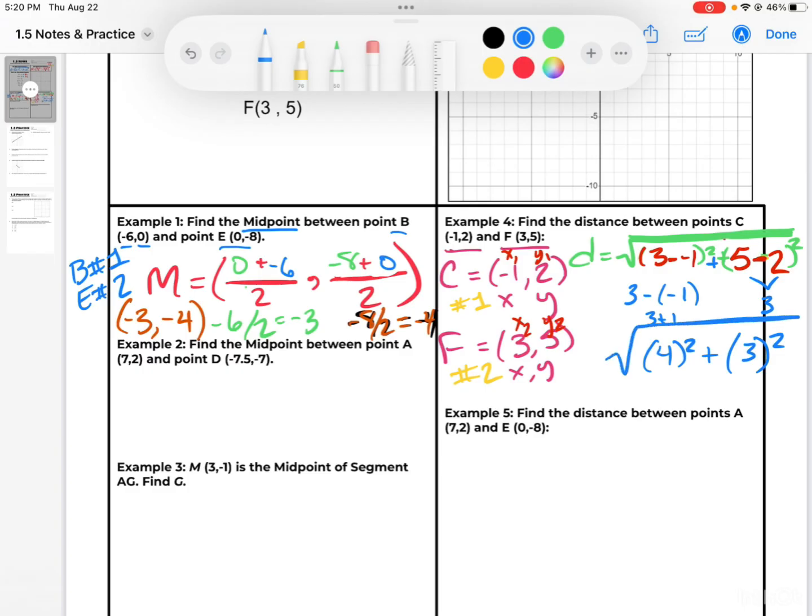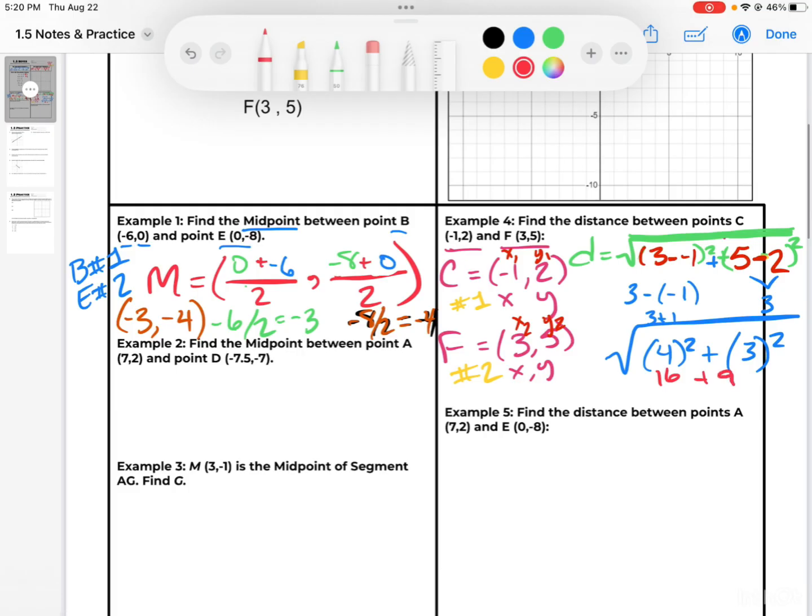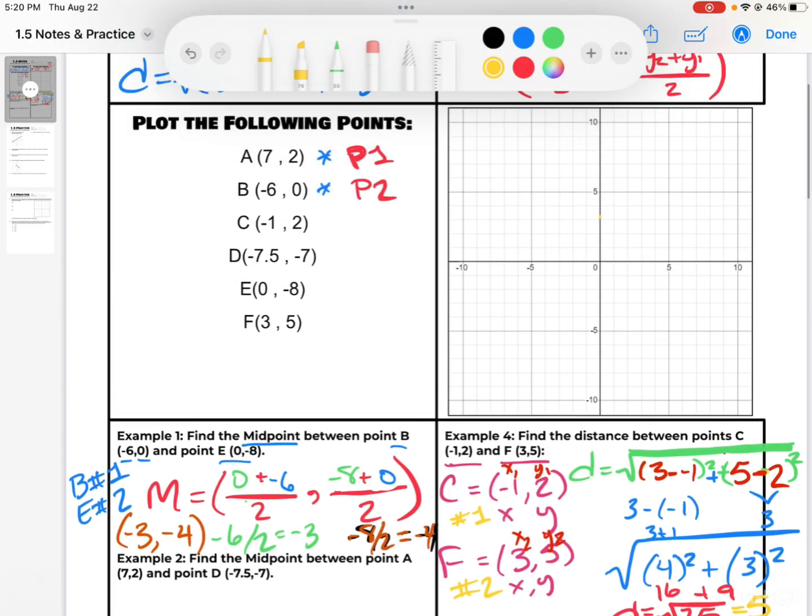And I'm also going to be squaring that. So 4 squared is 16. 3 squared is 9. And together, those are 25. And the square root of 25 is 5. And so the distance between these 2 points is 5 units.